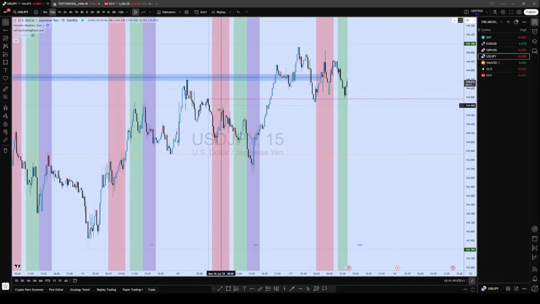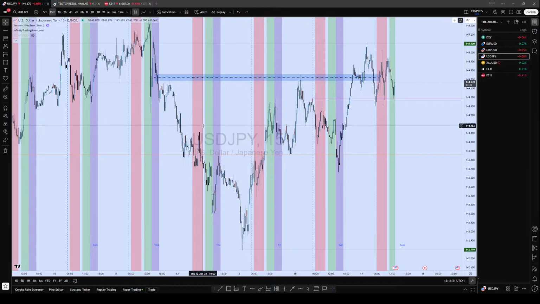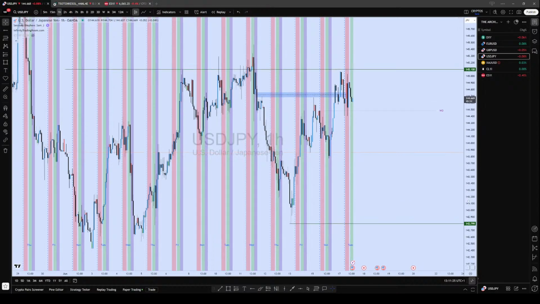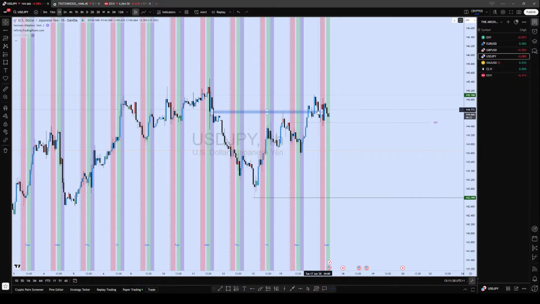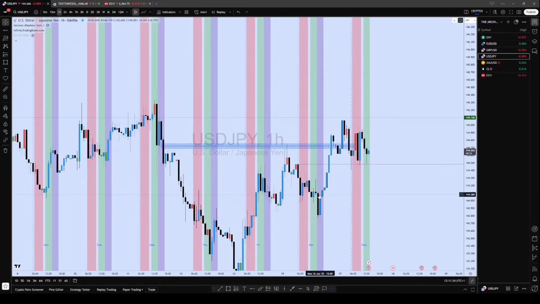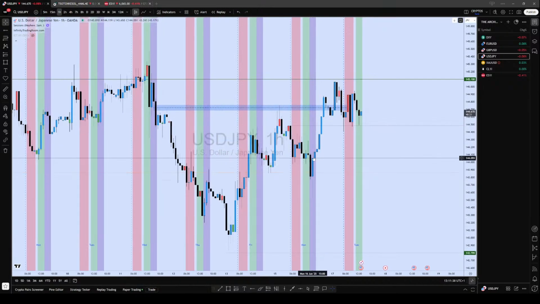Dollar yen, what was the narrative again? I forgot about this one. Oh yeah, I was looking for a rejection to go down. I think yesterday I was pointing to New York session giving us a fair value gap, and then we look for sell to continue going down, but they didn't give us one, and we've gone above Monday's high.